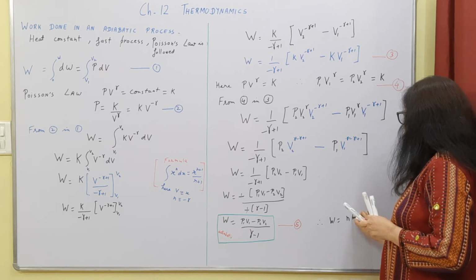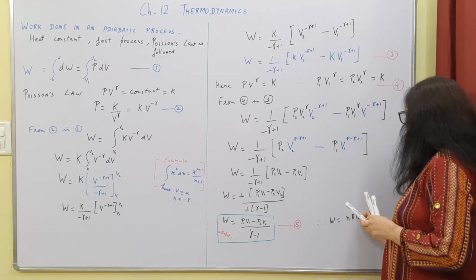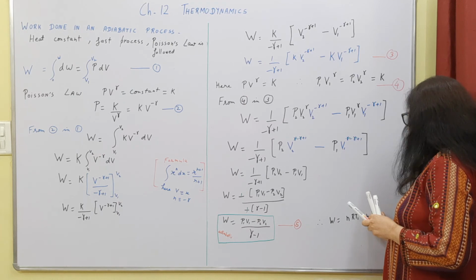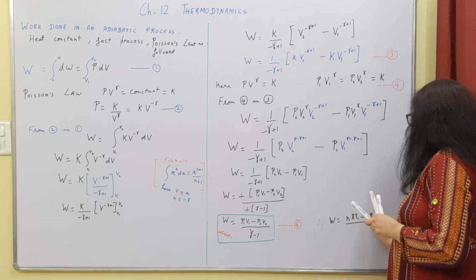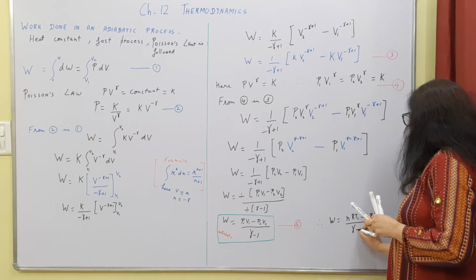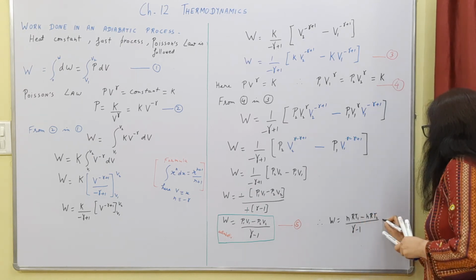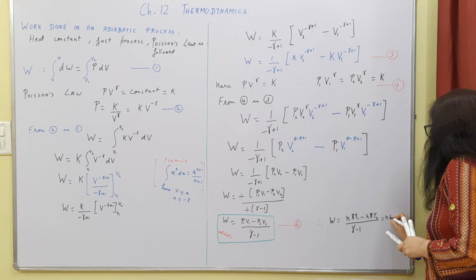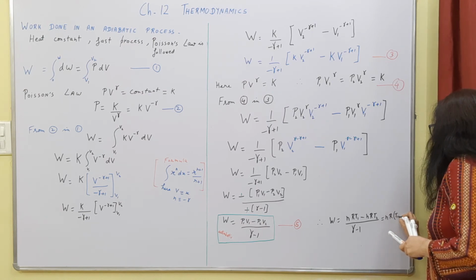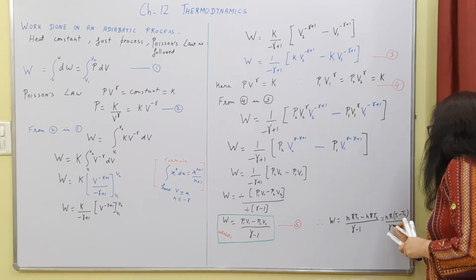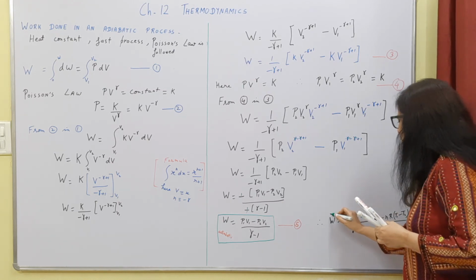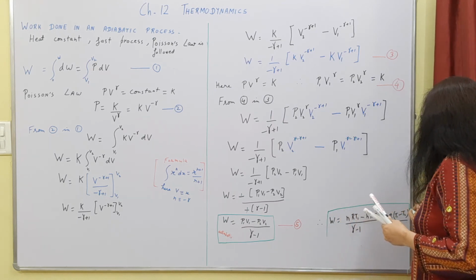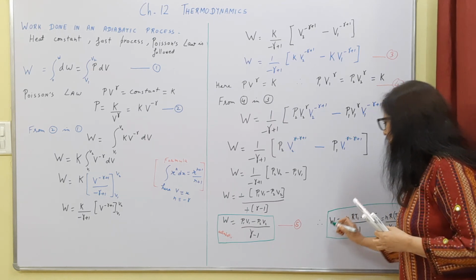So N R T1 for P1 V1 and N R T2 for P2 V2, and this is gamma minus 1. So this can be written as N R T1 minus T2 upon gamma minus 1. So this is the other form of the work done in an adiabatic process.